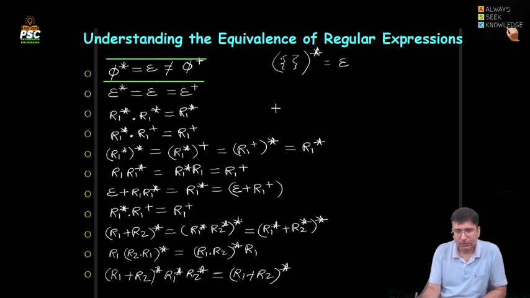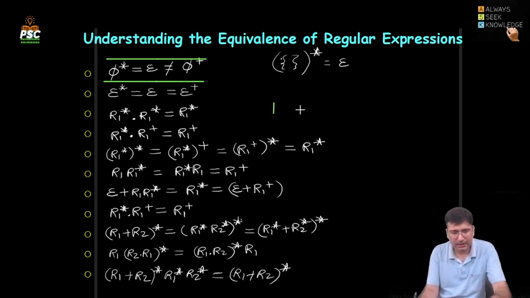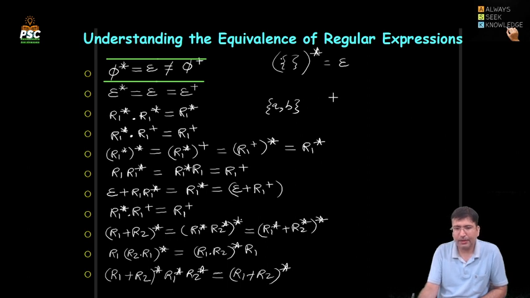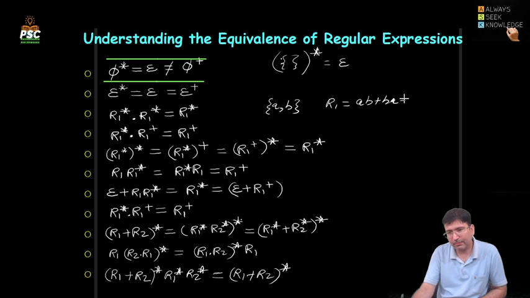Okay. So in case I am having a set, let's say A comma B, and R1 is defining something, let's say AB, BA, AA, BB kind of thing. So R1 is defining these strings only.